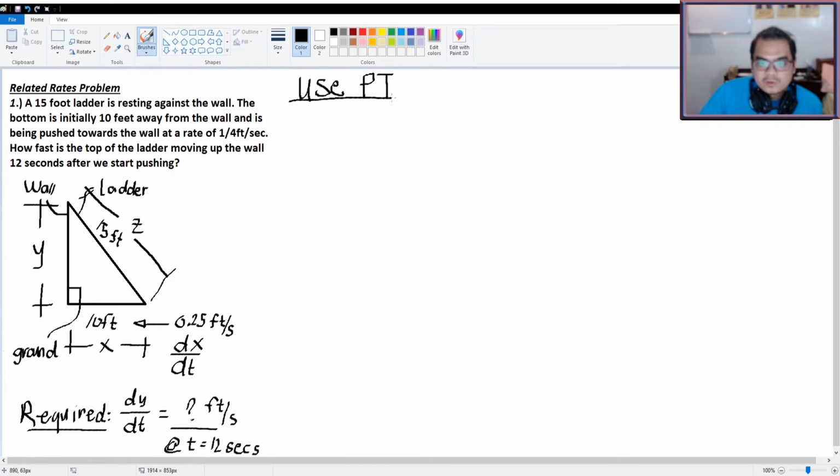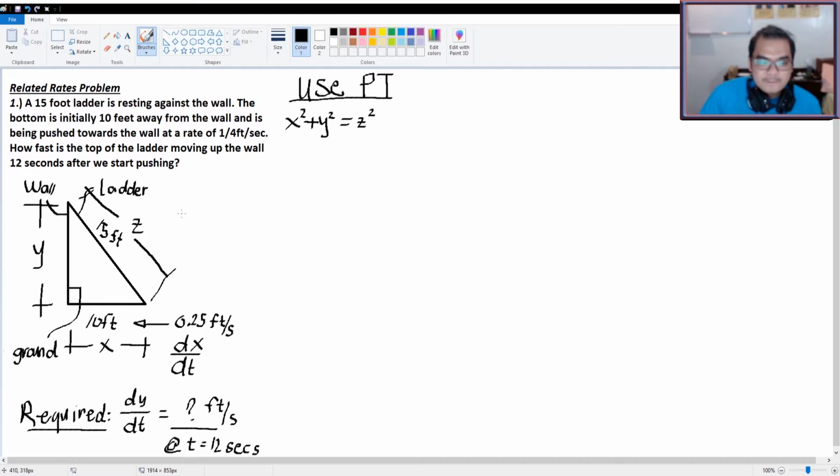Using the Pythagorean theorem, you will have x squared plus y squared equal to z squared. Notice that if you push the ladder towards the wall, this will no longer be 10 feet. It will change. And as you push the ladder towards the wall, the y will not stay the same. But the ladder will still be 15 feet, and it will not change.